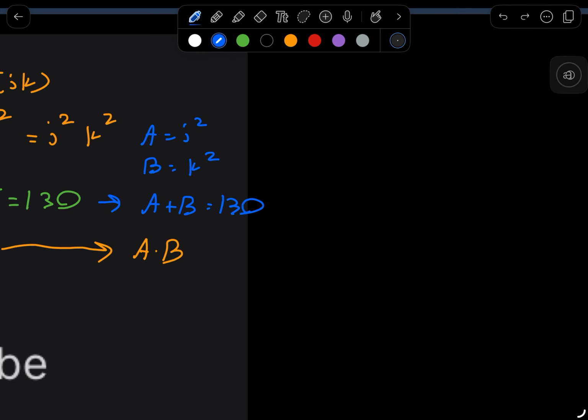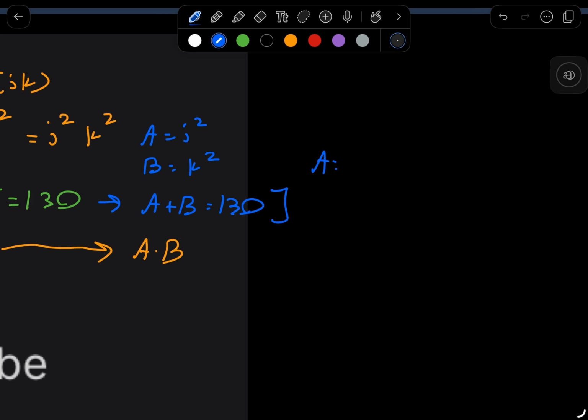Well, we know that a plus b has to equal 130. So the only way to maximize an expression with two variables, if you have this a plus b structure, is if you divide that right side by two.